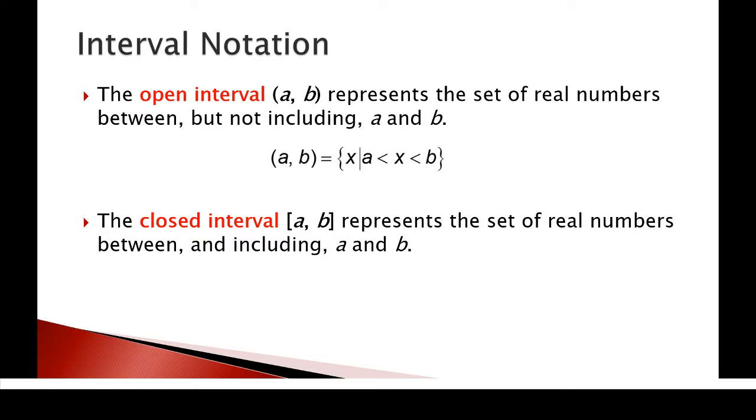A closed interval represents the set of all real numbers in between a and b, including a and b. Mathematically, we can represent it like this. Look, in an open interval we don't have an equal sign, but in a closed interval we have an equal sign here.